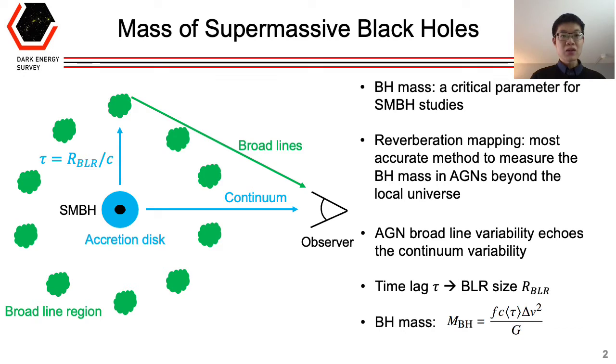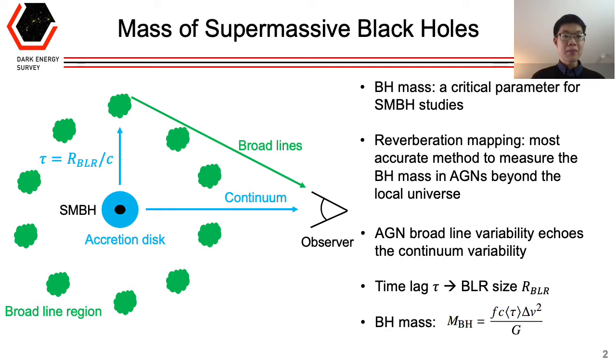The typical spectra of type 1 AGNs contain a power-law continuum from the accretion disk around the central supermassive black hole. The continuum ionizes the gas clouds in the broad line region, which produces broad recombination lines. Both the AGN continuum and broad lines are variable with time, and there will be a time delay between the variation of the AGN continuum and broad lines.